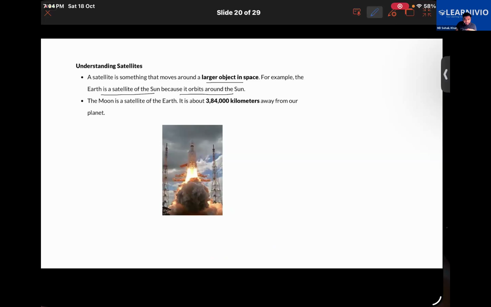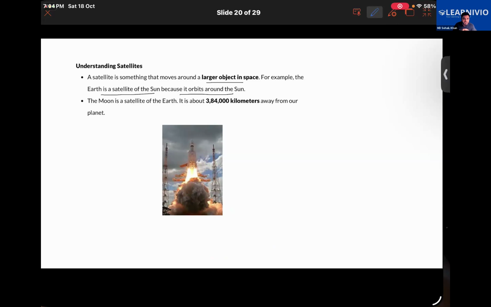Any object that rotates around another object can generally be called a satellite. In context of the sun, Earth is a satellite because Earth is revolving around it. In context of Earth, the moon is a satellite because the moon is revolving around Earth, right?